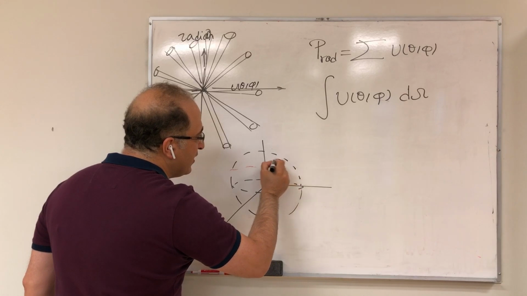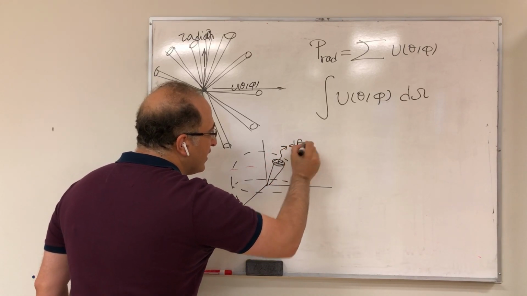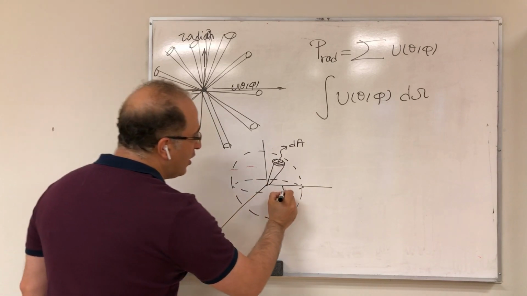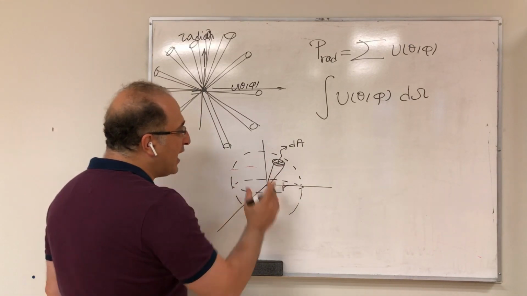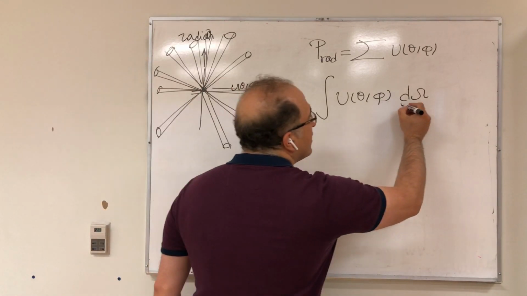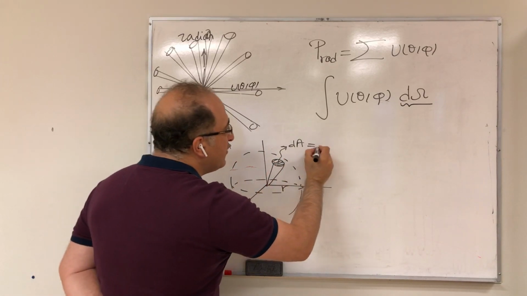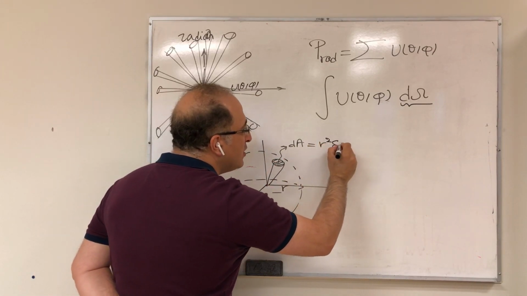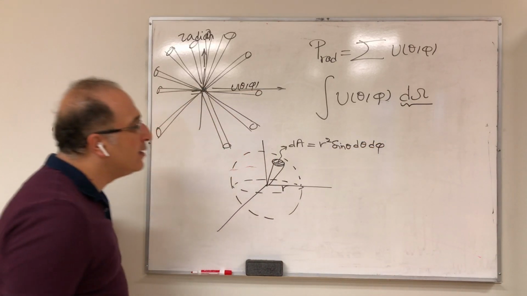Imagine this is a very small area on a sphere of radius r. If you remember that, then you can easily find the element of solid angle. So dA, a small piece of area, if you remember, was r² sine theta d theta d phi.